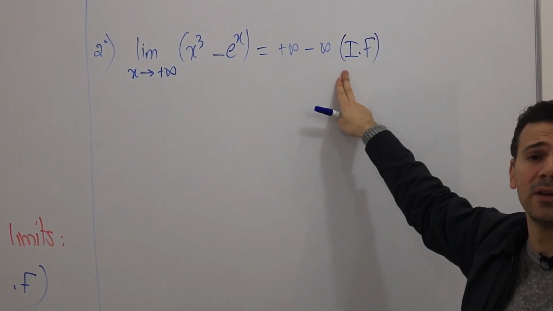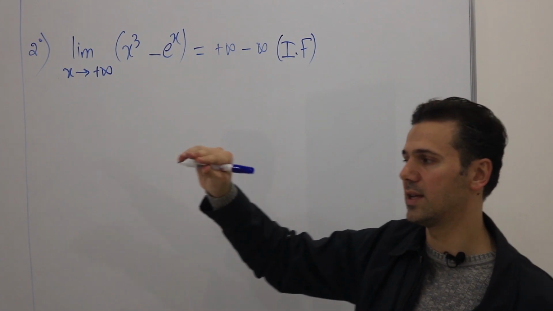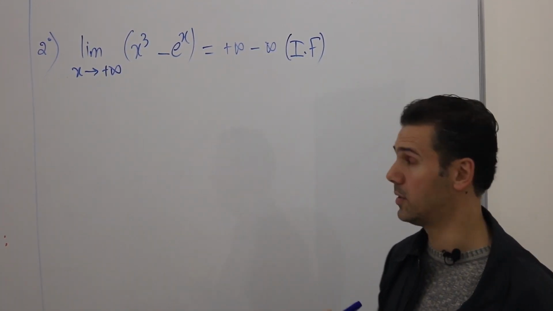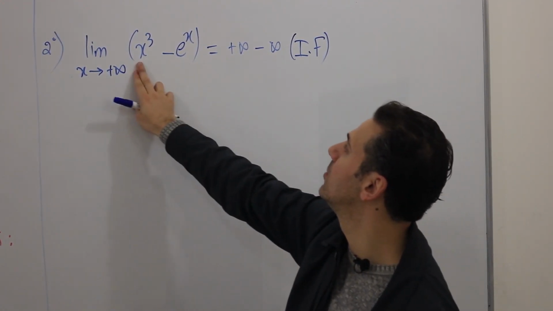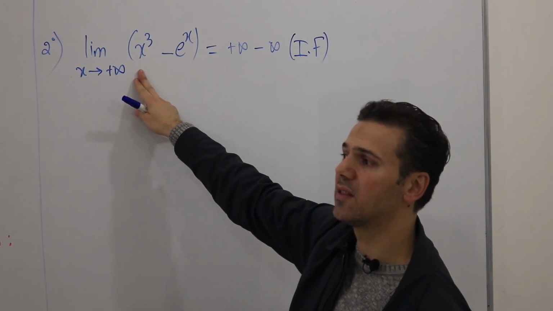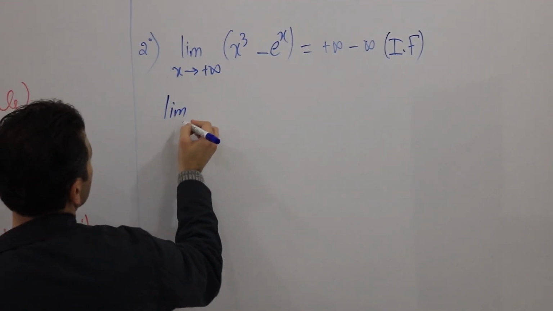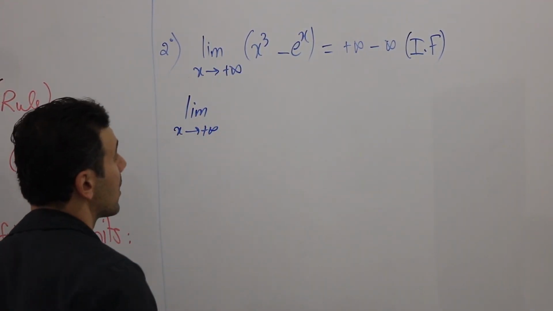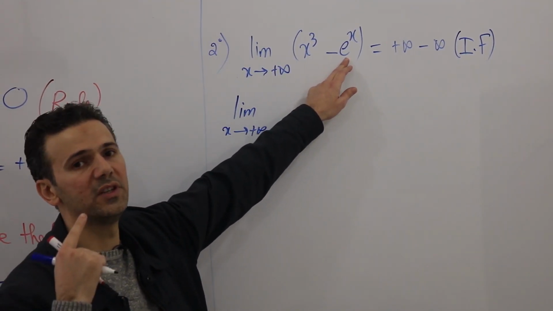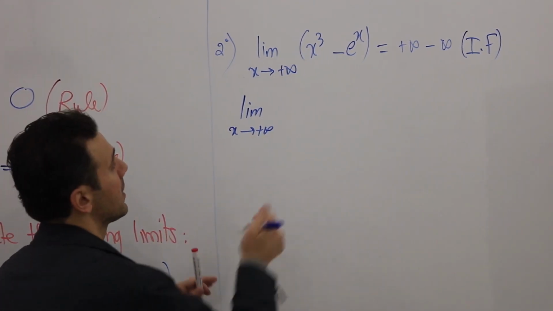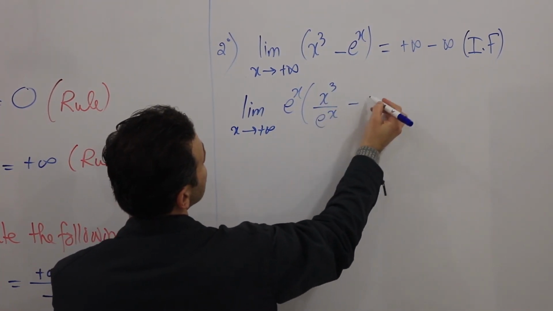And in this case, we cannot use L'Hopital rule, as you know. L'Hopital rule is just for the cases infinity over infinity or 0 over 0. What should we do in this case? In fact, usually we try to change the form of this. Usually we take the common factor, and it's preferable to take e^x, which is stronger, or faster to infinity than x cubed, as we said before. This will be e^x times x cubed over e^x minus what?